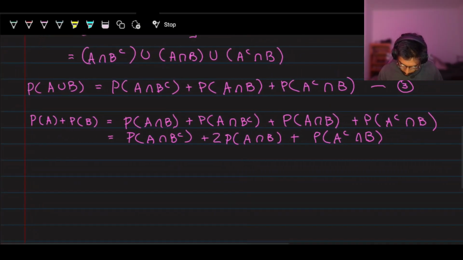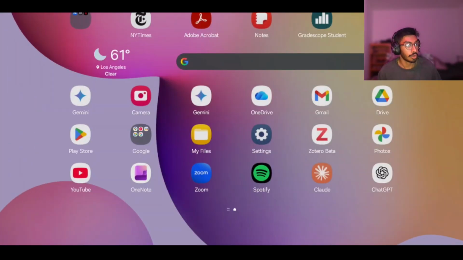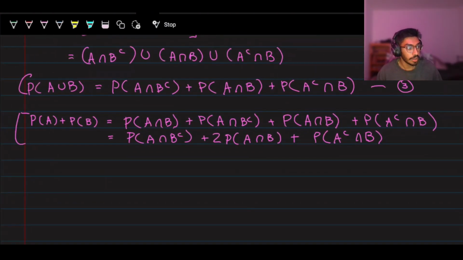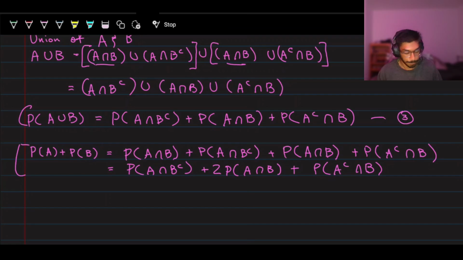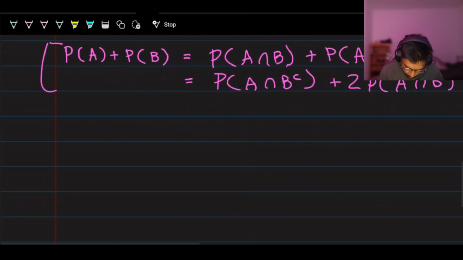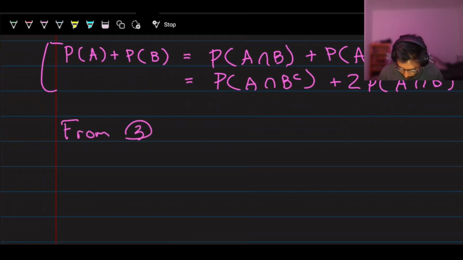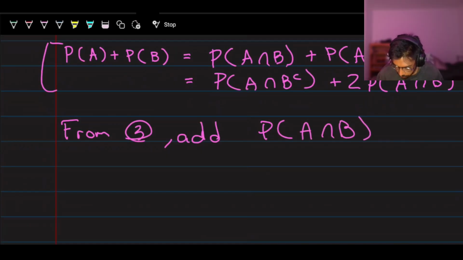And if we compare this equation with this equation, we can notice that the only thing we are missing to make them equal is a second probability of A intersect B. We only have 1 here and we have 2 here. And so from 3, we can add the probability of A intersect B to both sides.